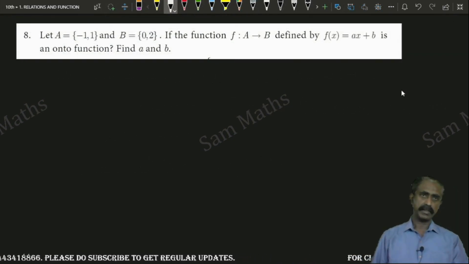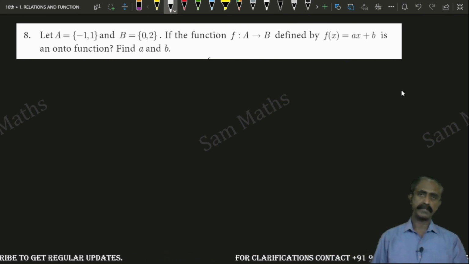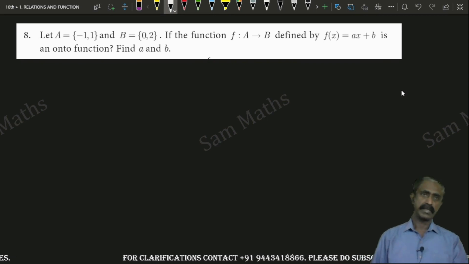Eighth question, let A is equal to the set {minus 1, 1} and B is equal to the set {0, 2}. If the function f from A to B defined by f of x is equal to ax plus b is an onto function, find a and b.